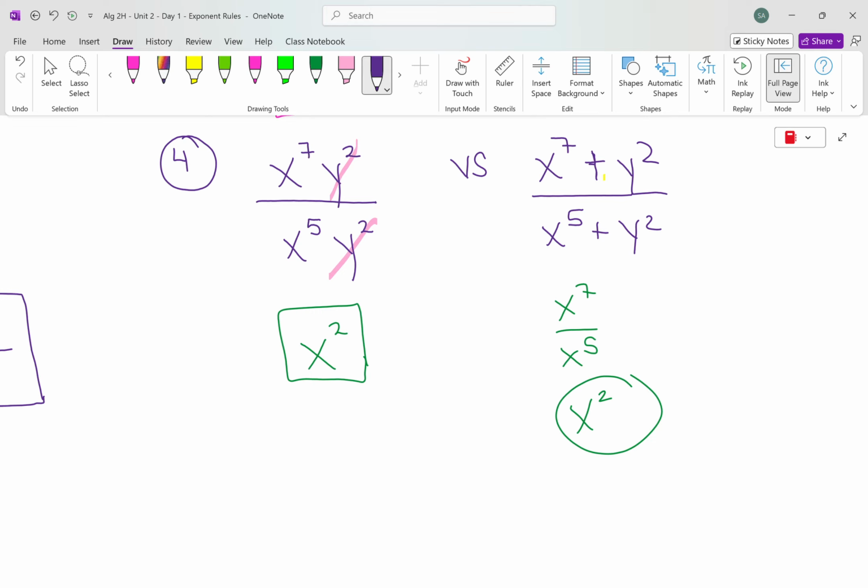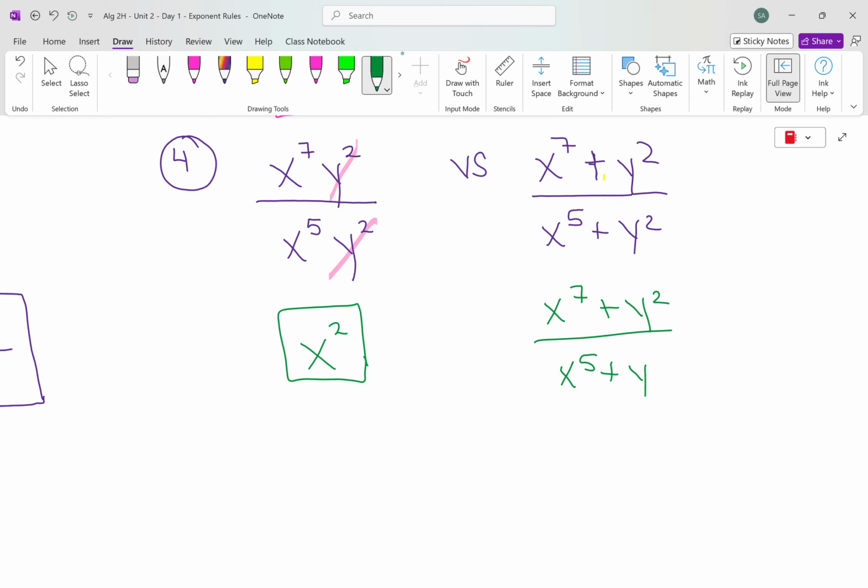Had there been a GCF, you can pull out a GCF, and that's different. But right now, there's no GCF, and I cannot cancel through a plus or minus sign. So this is as simplified as we can get. That's it. Can't do anything.